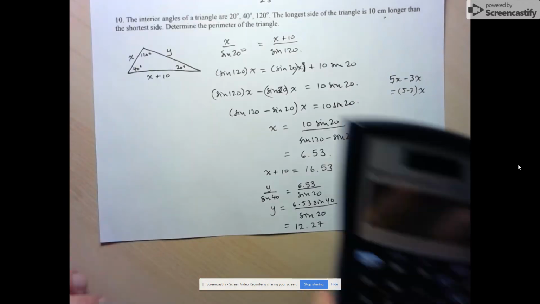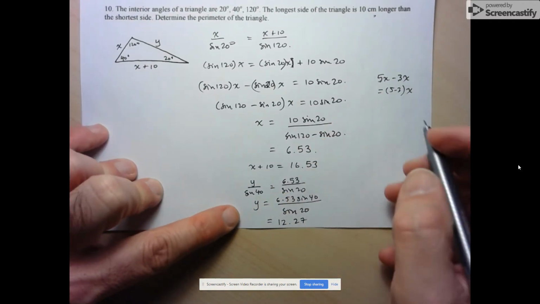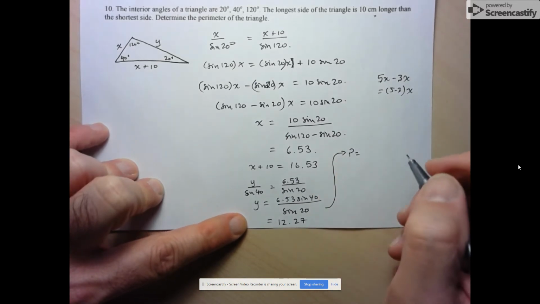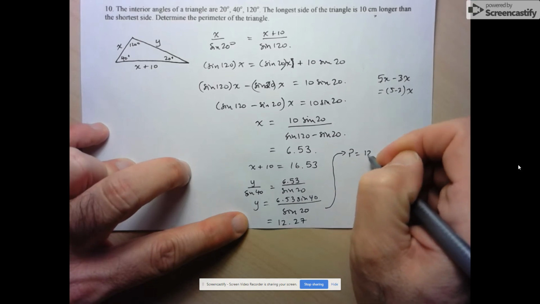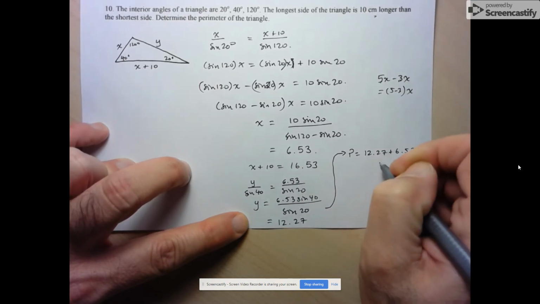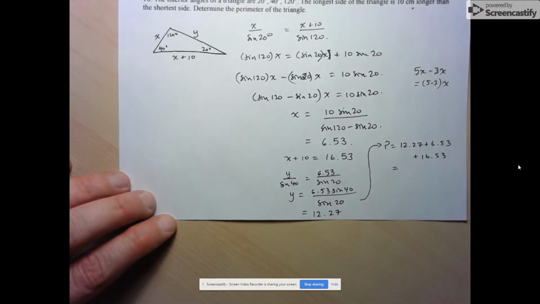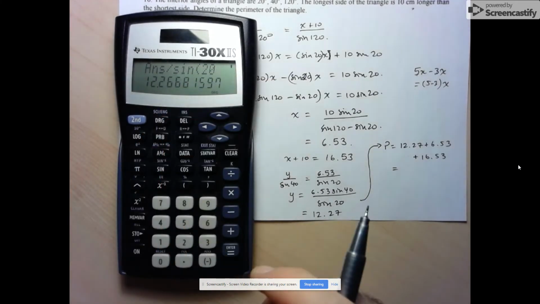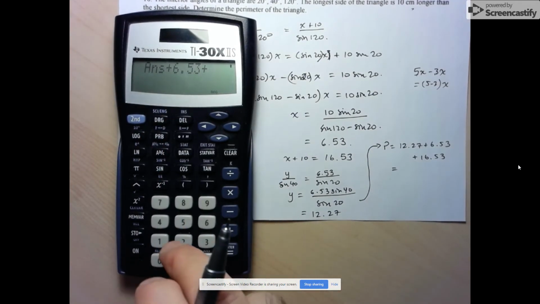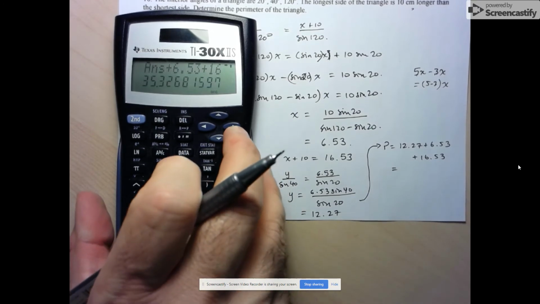All right, and of course that's not the question that's being asked. I have to find the perimeter. So let's finish off the problem here. The perimeter is just going to be the sum of all three sides. So 12.27 plus 6.53 plus 16.53, and we have 35.33.